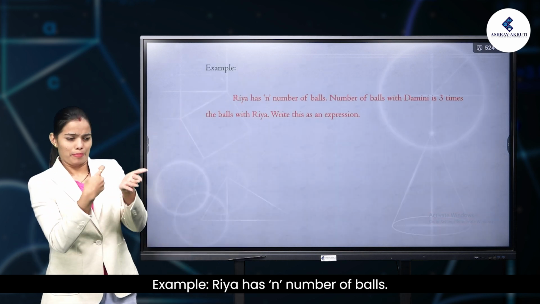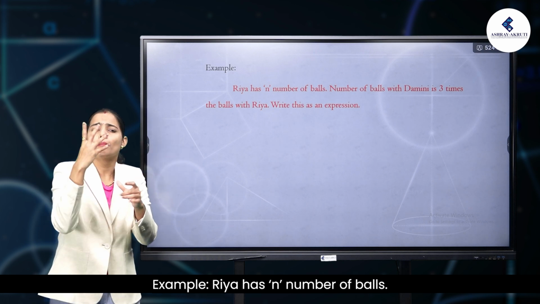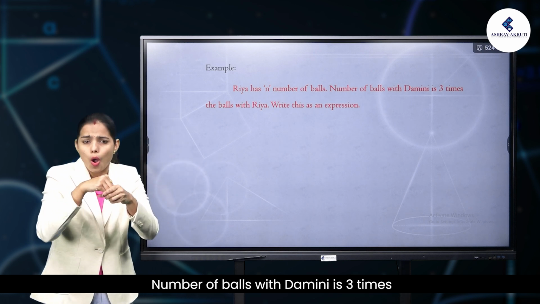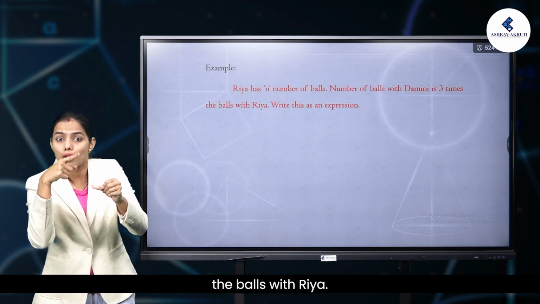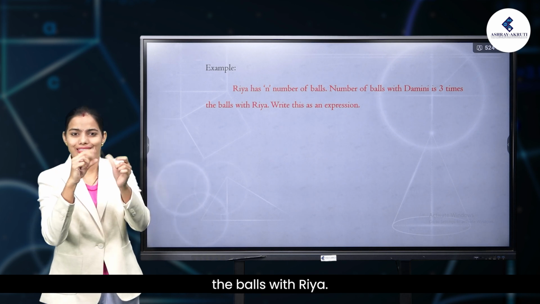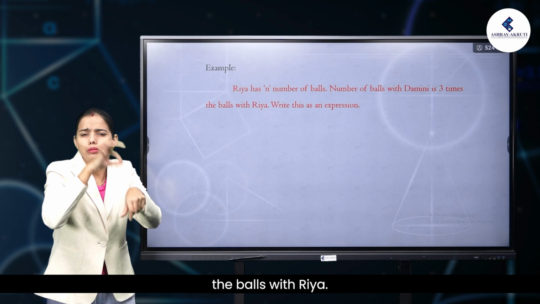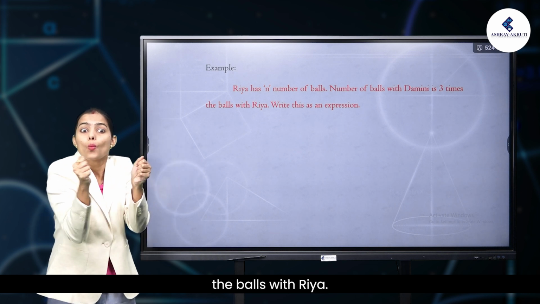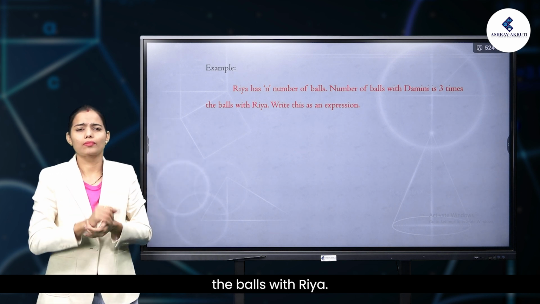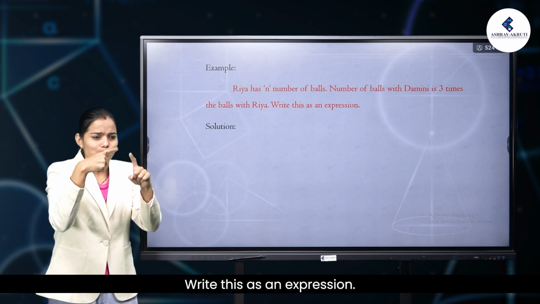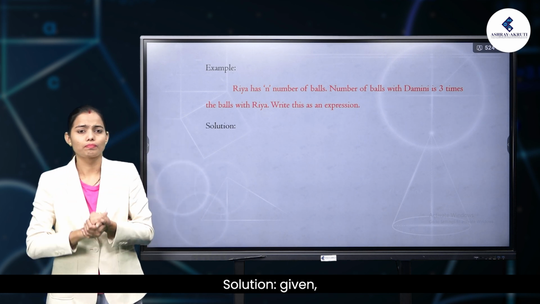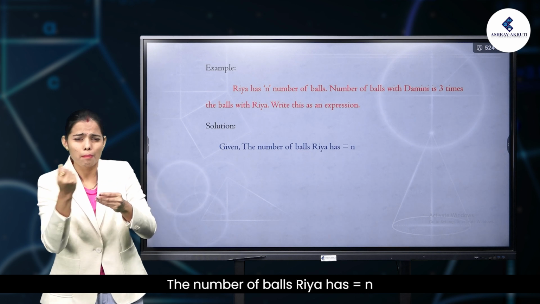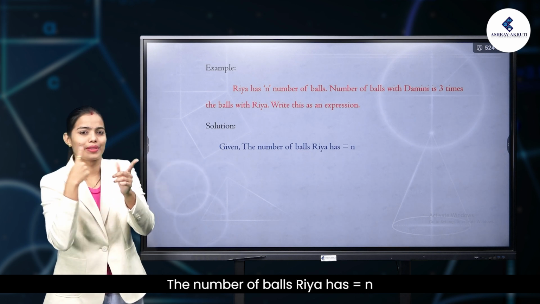Example: Riya has n number of balls. The number of balls with Damini is 3 times the balls with Riya. Write this as an expression. Solution: given, the number of balls Riya has is equal to n.